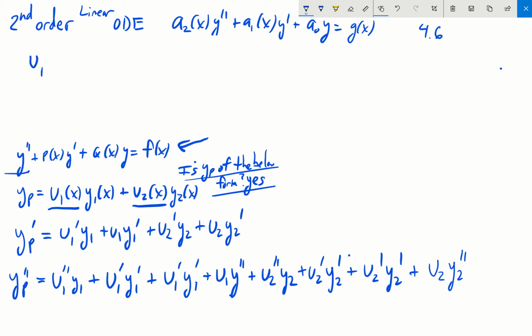So we have u1 double prime y1 plus u1 prime y1 prime plus u1 prime y1 prime. Is that what's going on here? Yeah, that's correct.